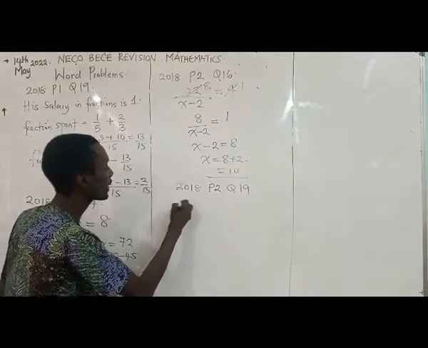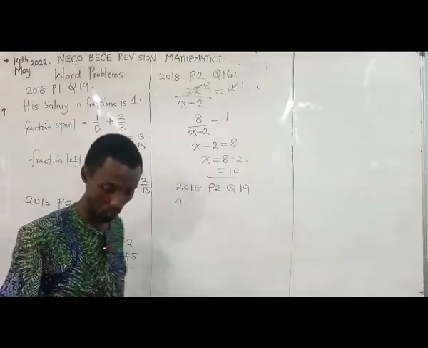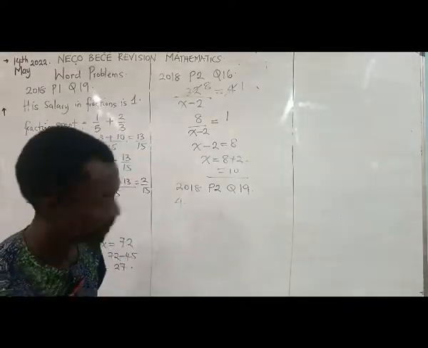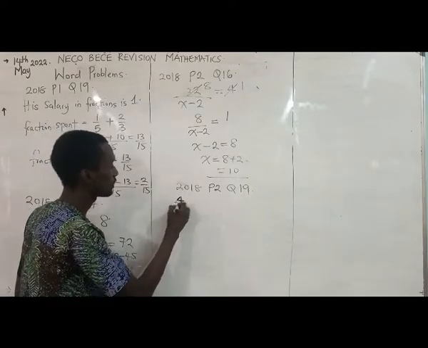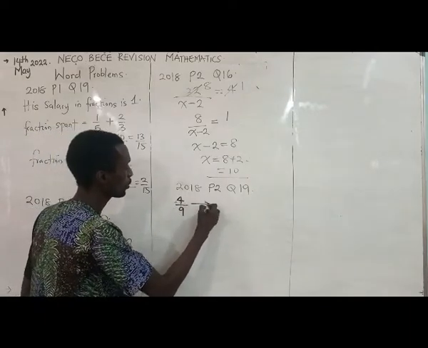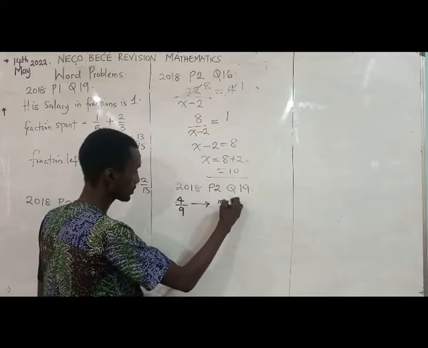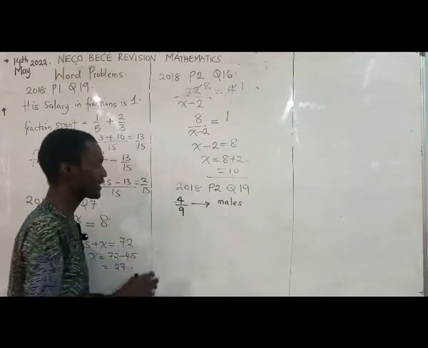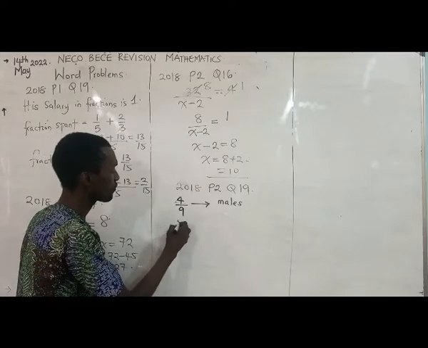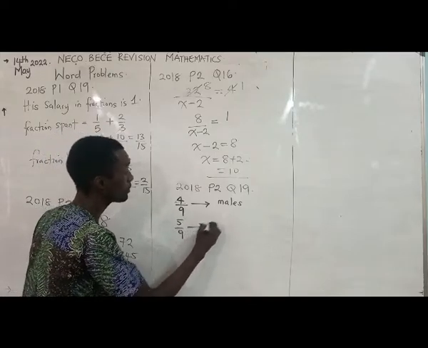So if 4 over 9, let's switch. If 4 over 9 will give me males, it would imply that 5 over 9 will be females.